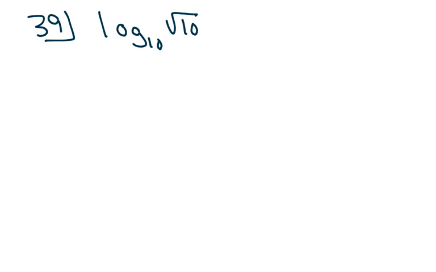Okay, let's do 39. It looks interesting. 39. Log base 10 of root 10. I'm not sure. So what I'm going to do is set this to p and see what happens. So I have 10 to some power equals root 10. Well, still looks kind of confusing.